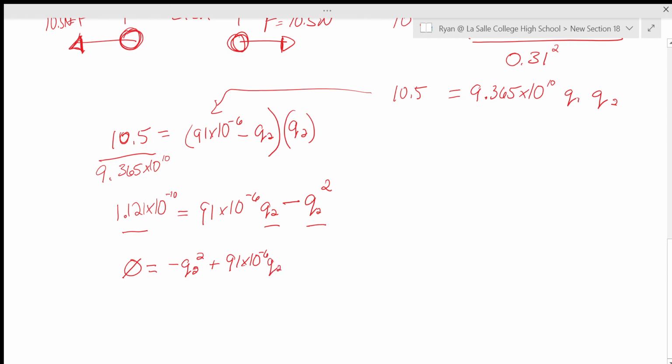That's like an X, right? Minus 1.121 times 10 to the negative 10. So it looks to me like I have an A term, a B term, and a C term. And you know what we can do with that. And I'll leave it there.